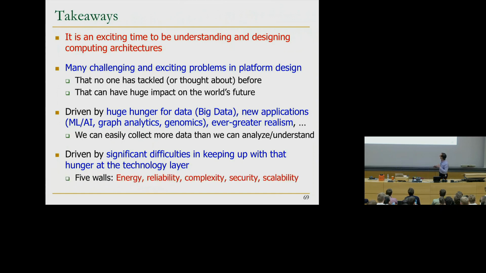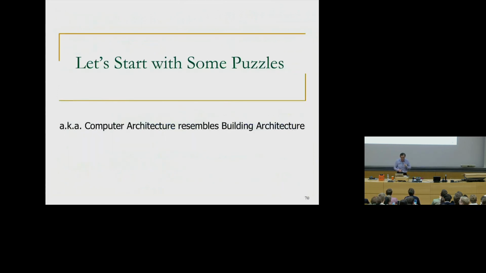I think of 5 different things that happen when you push the technology a lot. Energy becomes a problem, reliability becomes a problem, complexity becomes a problem. A lot of the systems that we're designing are very, very complex, and security, as we discussed, becomes a problem, and how you scale the system becomes a problem also. So we're going to tackle some of these. Keep this in mind while we're going through these lectures. Okay, any questions so far?